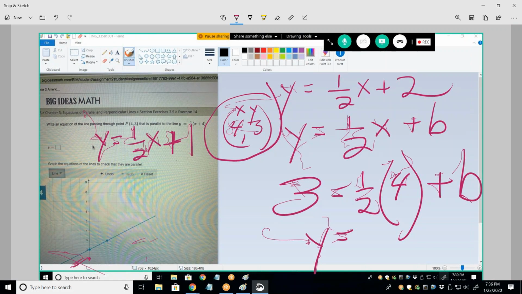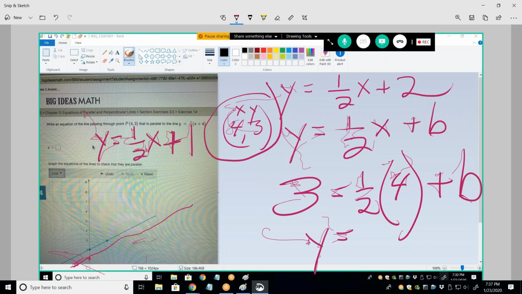It's going to be exactly parallel to the other line, so it's going to look something like that. Notice that it is a different line, not the same line. But the only thing they said is that it's a parallel line. Parallel always means the same slope.